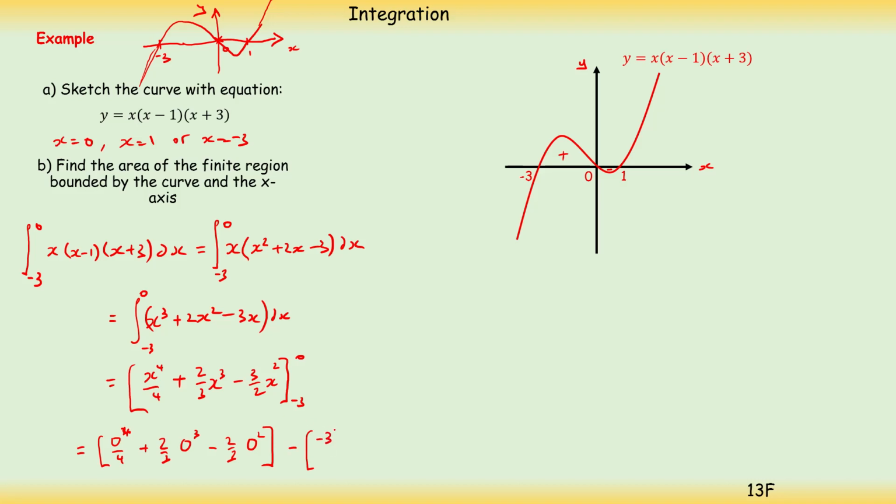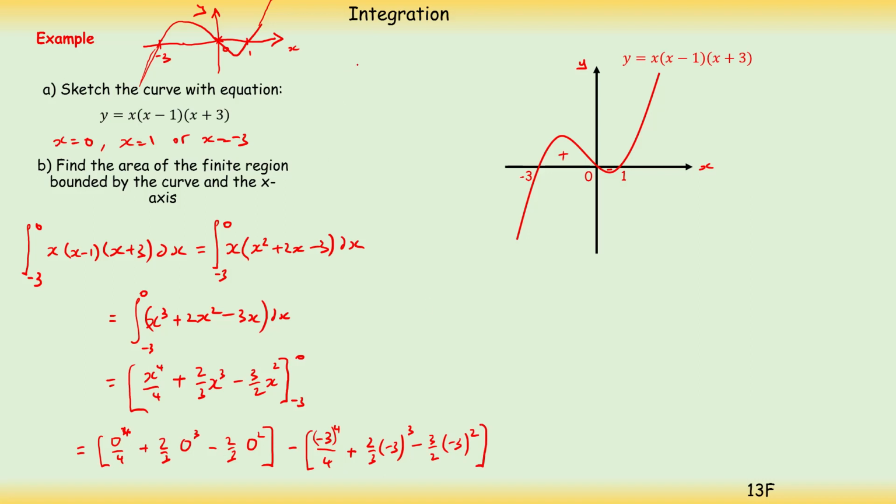Minus 3 to the power of 4 all over 4, plus 2 over 3 of minus 3 cubed, minus 3 over 2 times minus 3 squared.